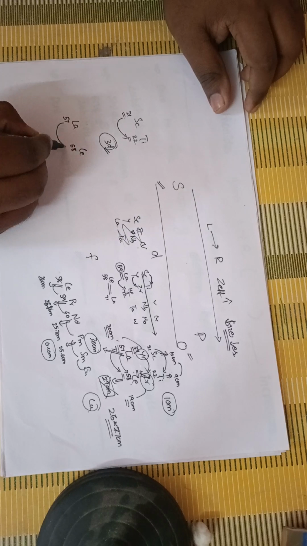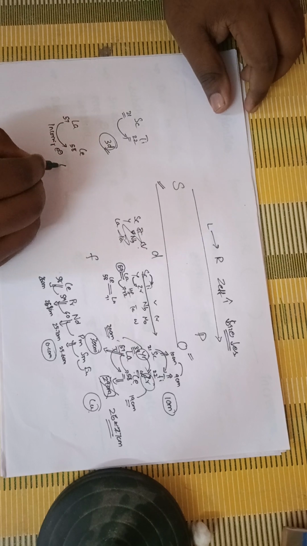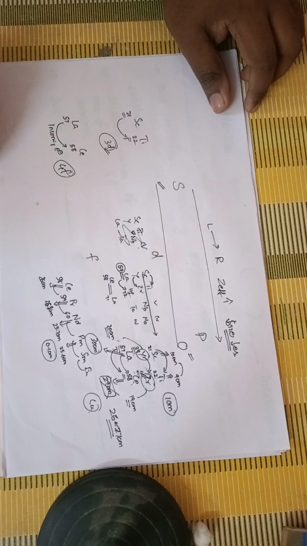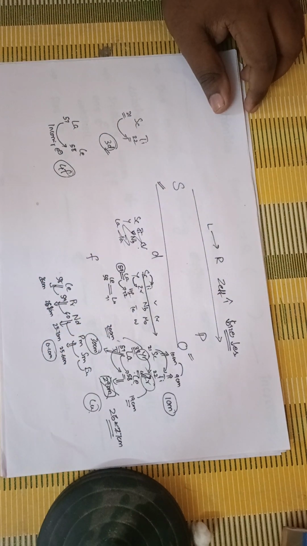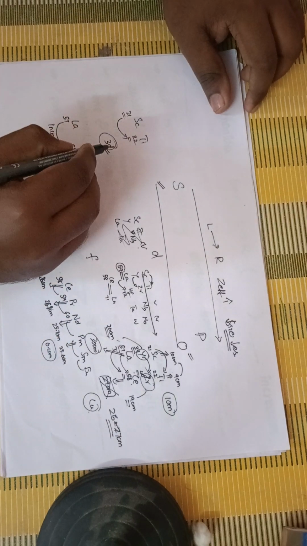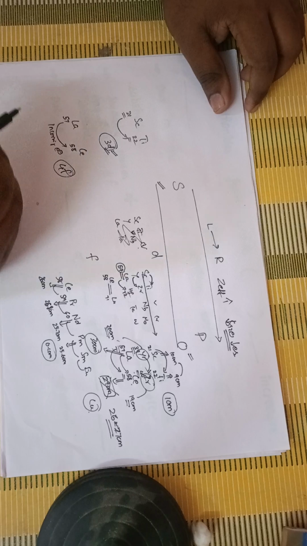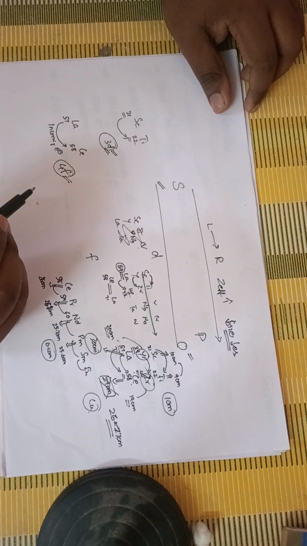On moving from lanthanum to cerium, the incoming electron enters into the 4f subshell. That is why the difference is not 1 centimeter but very small, why it gets contracted. Here the incoming electron goes to 3D, there it goes to 4f.